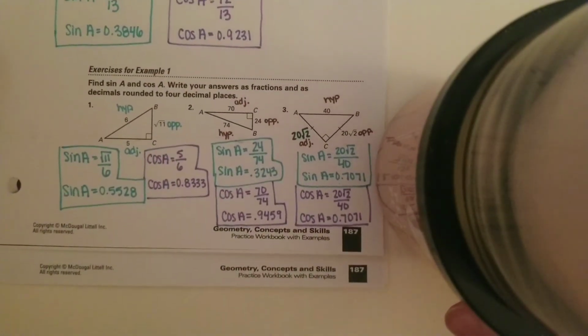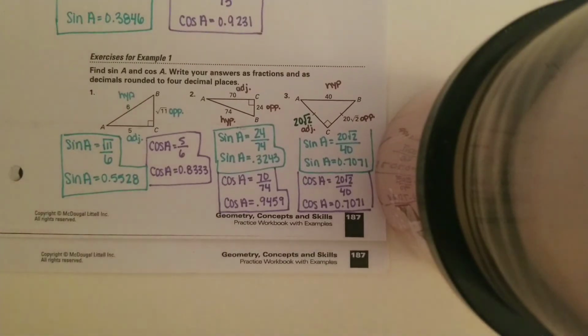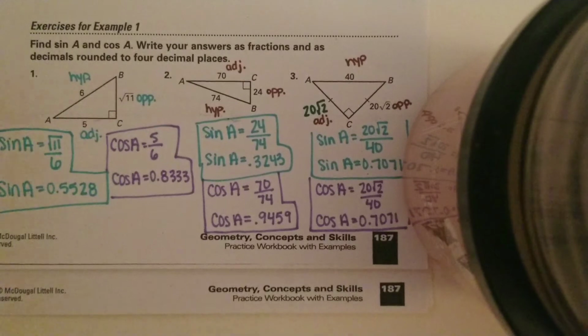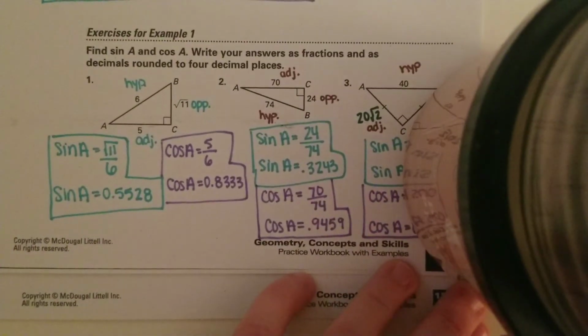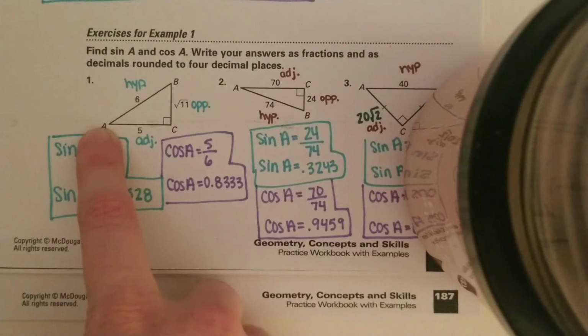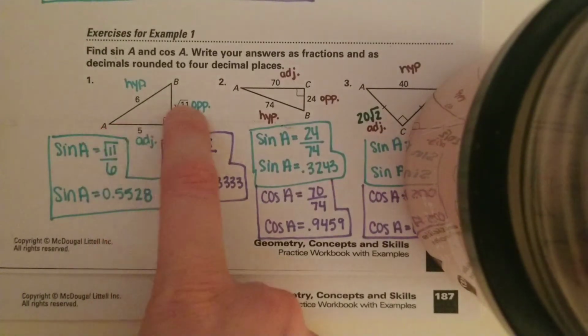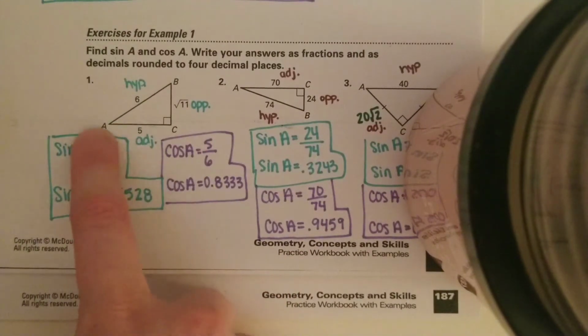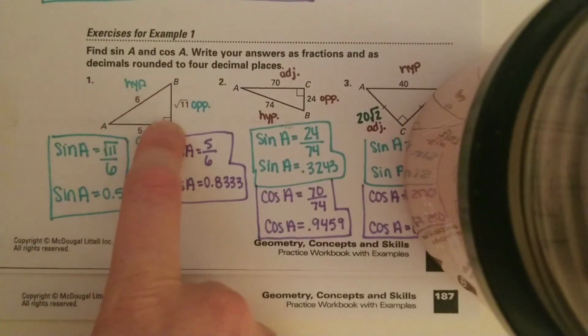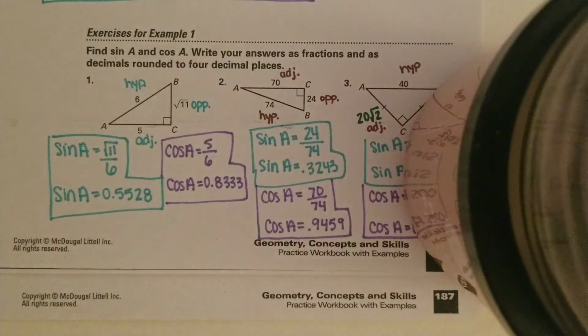All right, so we're looking at 1, 2, and 3. So let's zoom in and we'll do 1 first. We're looking at A, so we have to label our sides. Opposite is across from, adjacent is next to, and the hypotenuse is always across from the right angle.